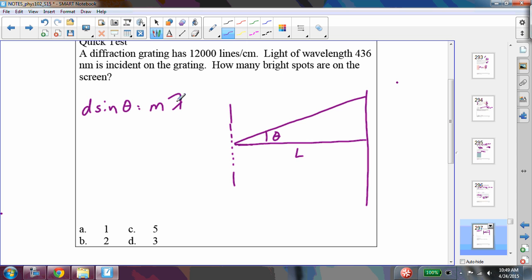How many bright spots can I get? Physically, I'm limited by this angle theta, because once this angle exceeds a certain value, the light doesn't go on the screen, and that value is 90 degrees. So when theta goes up to 90 degrees, there are no longer any spots on the screen.